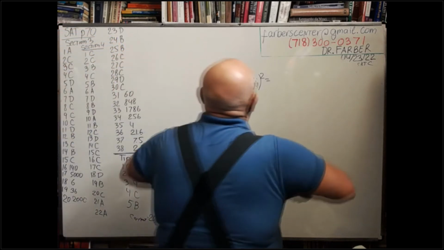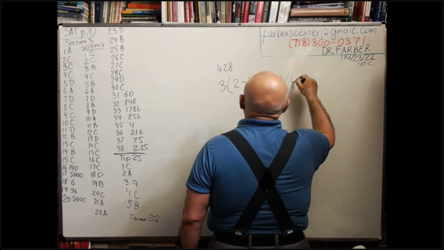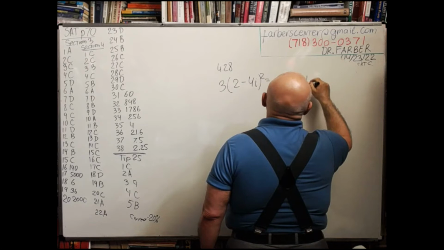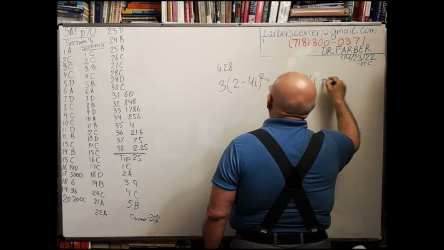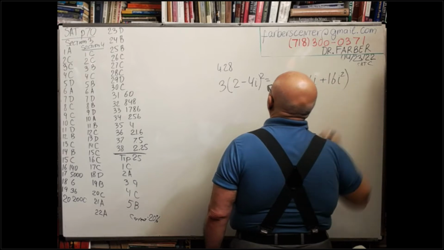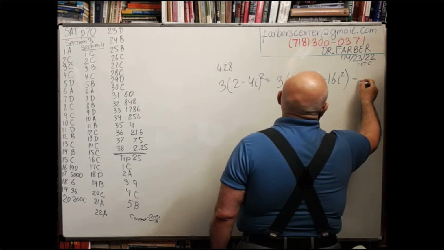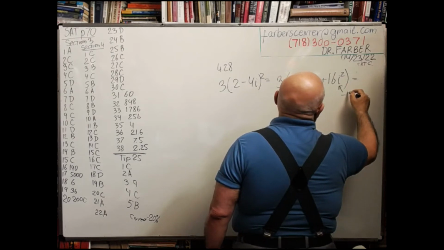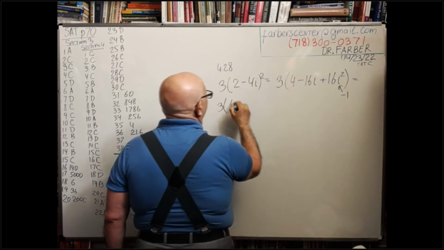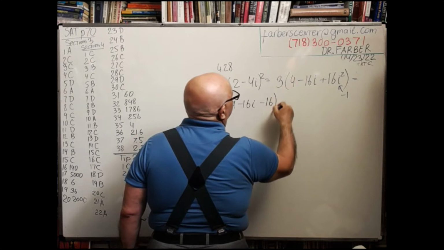So in this case, apply the formula, expand: 3 times (4 minus 16i plus 16i to the second). I to the second equals -1, so equals 3 times (4 minus 16i minus 16).